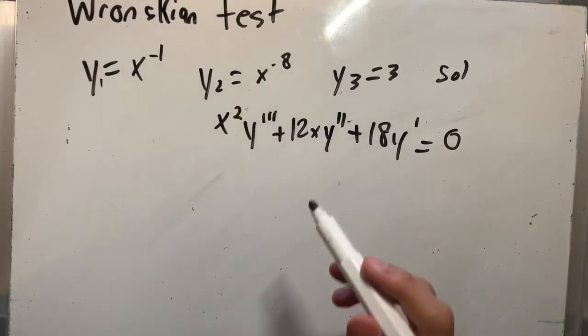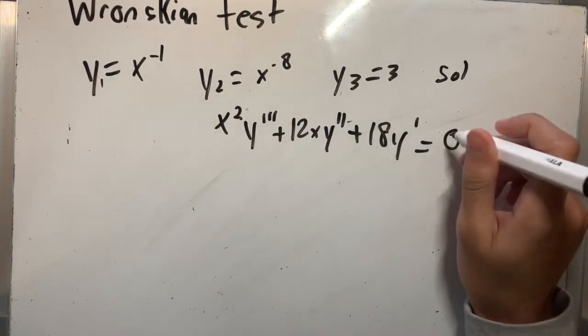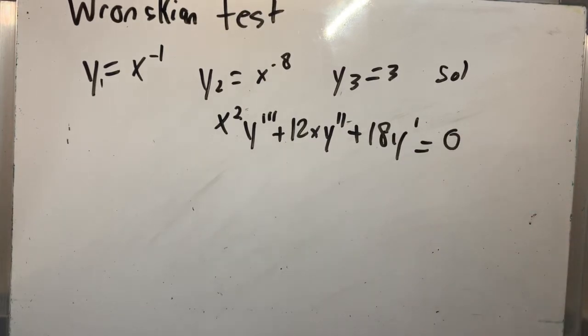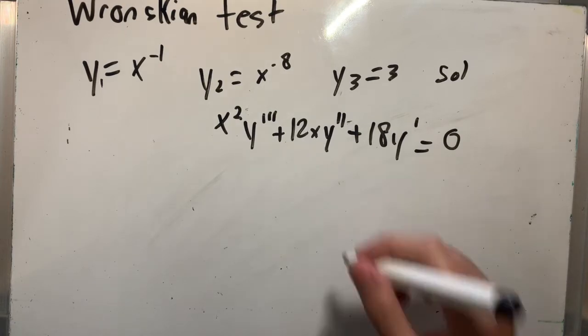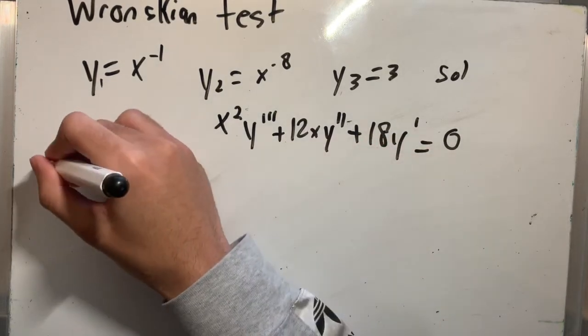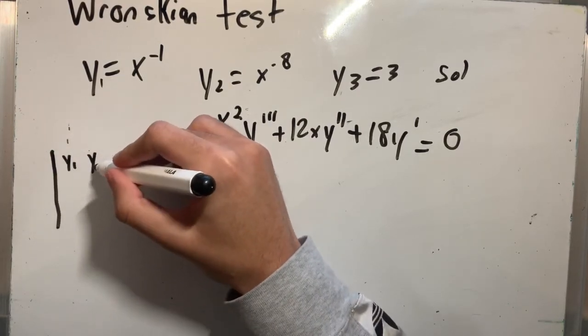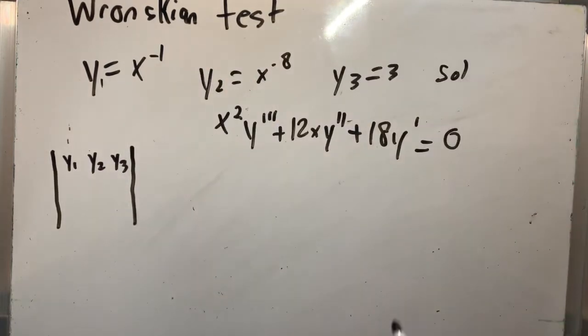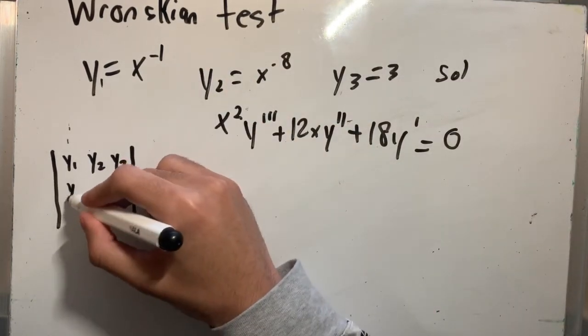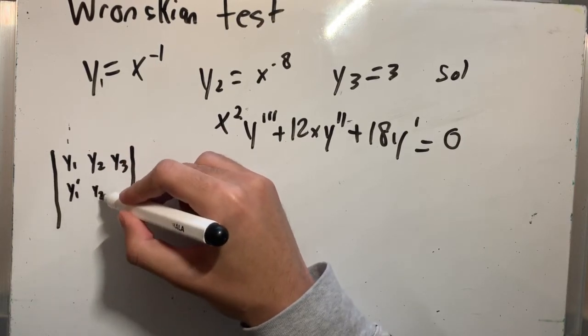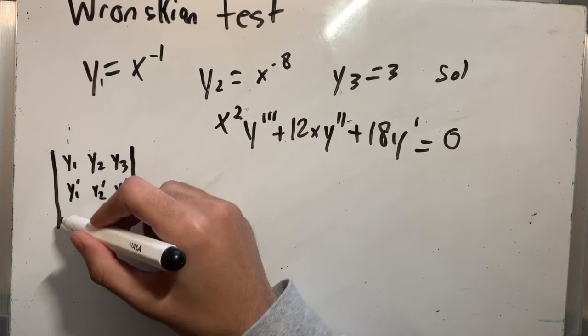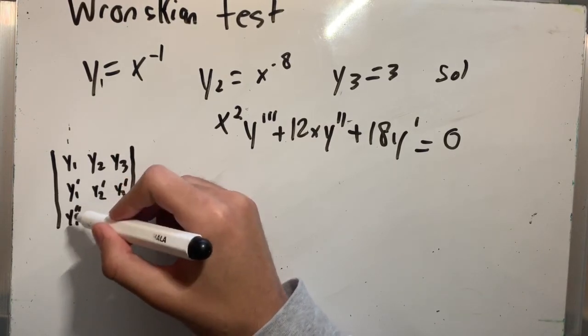The Wronskian test only works on homogeneous equations, which means that the equations equate to 0. The Wronskian test is basically a test for linear independence, which means we use a matrix with y1, y2, y3, which are these values right here, and then we find the first derivative of each, and then the second derivative of each.